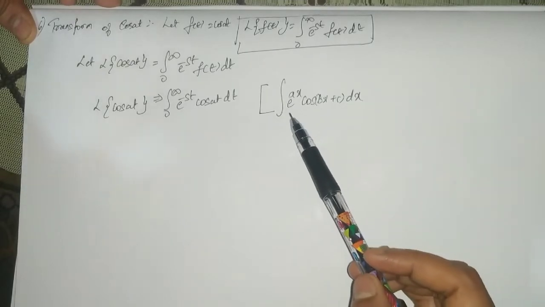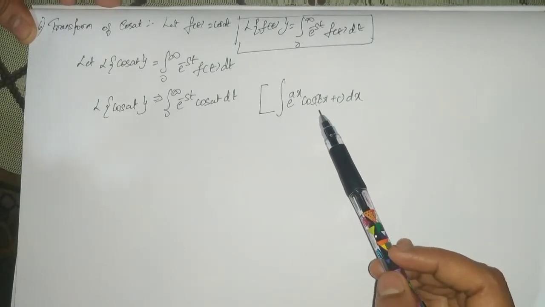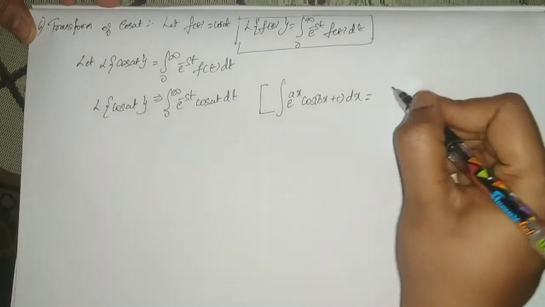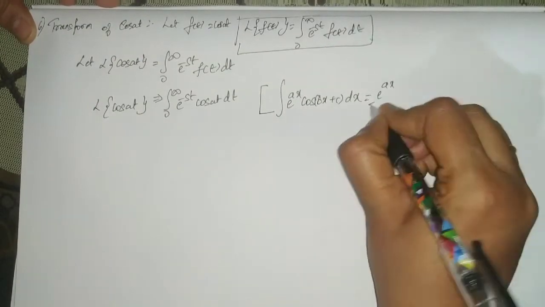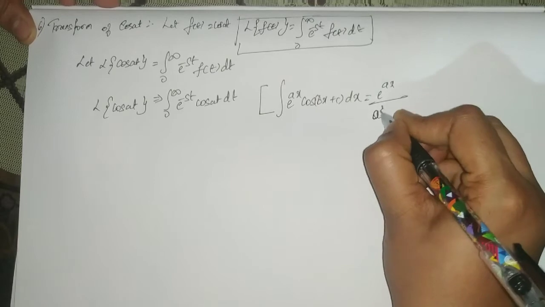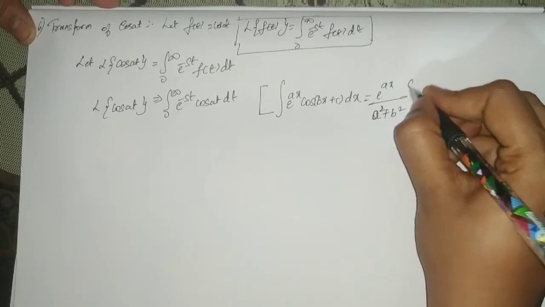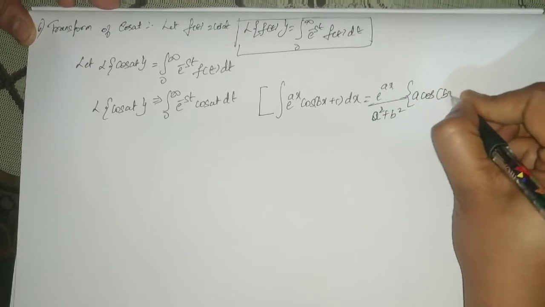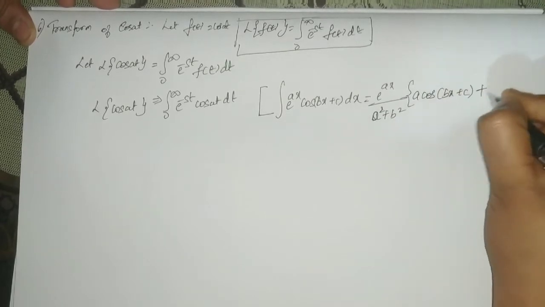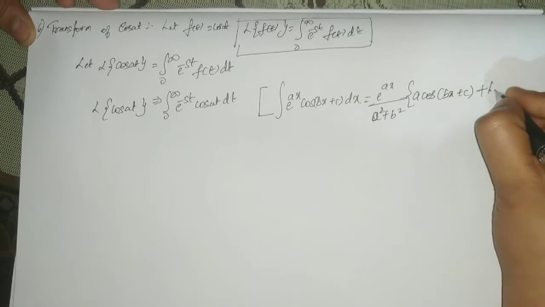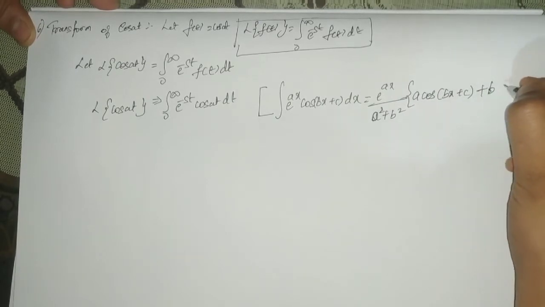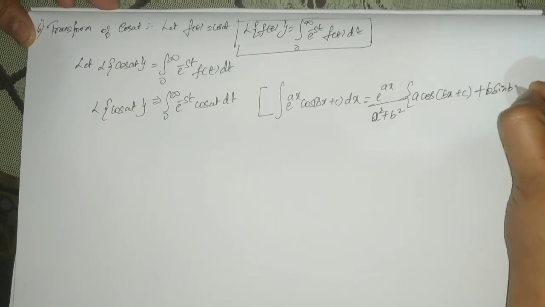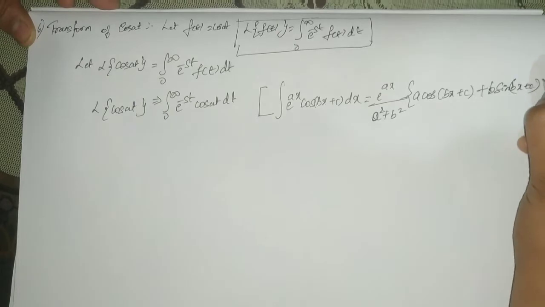Whenever you have an exponential into cos function, you can use this formula: e power ax by a square plus b square into a cos(bx plus c) plus b sin(bx plus c).